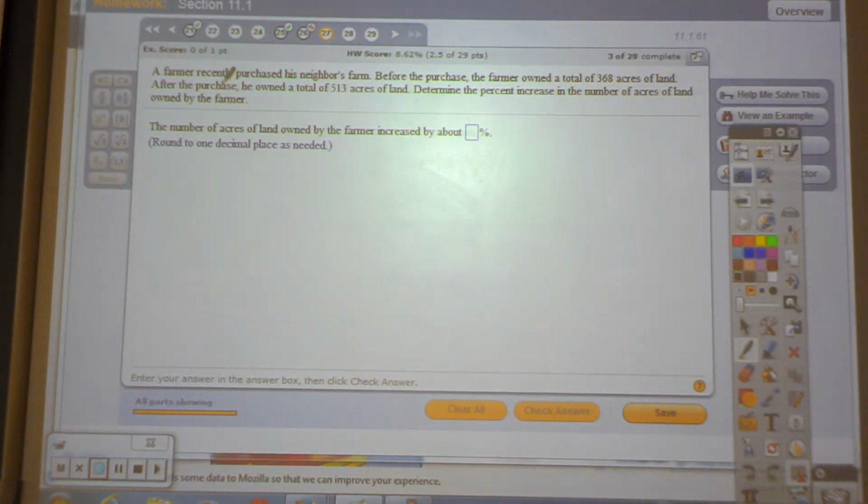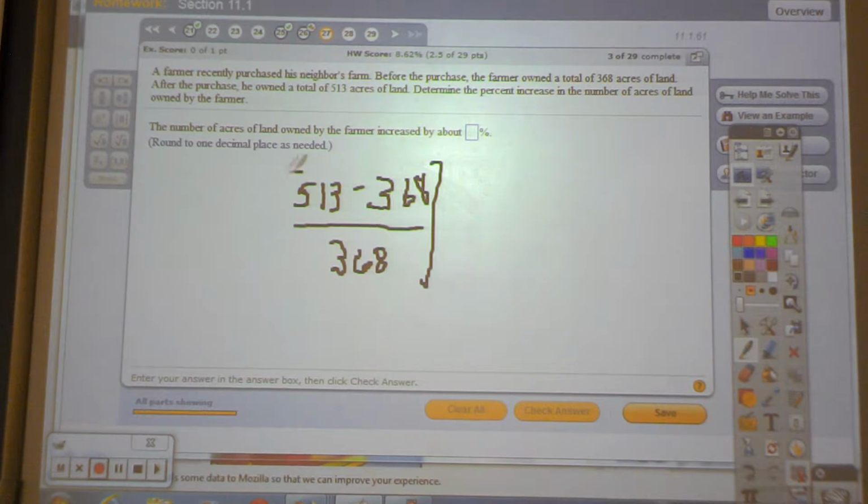A farmer recently purchased a farm, and he had 368 acres of land. After the purchase, he owned a total of 513. So that would be 513 minus 368, over 368, and then all of that is multiplied by 100.